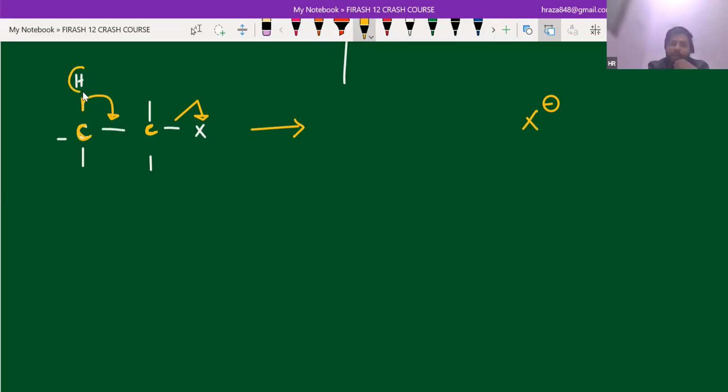Now, there will be a deficiency of electron on this hydrogen. So there will be a nucleophile waiting, or base, you can say B, I am taking. Base is a nucleophile, we can say, because a base donates electron. B is here, which will go with this. So what will you get? You will get this as the main product, then as a byproduct, this is what you will get. Are you getting my point?